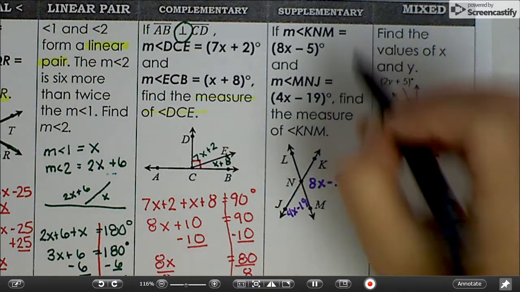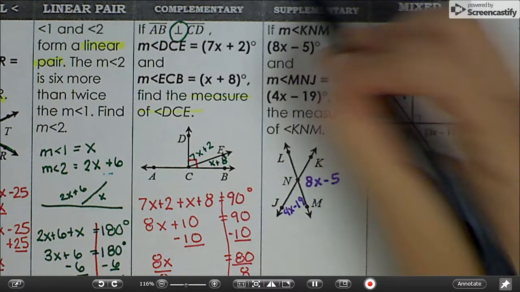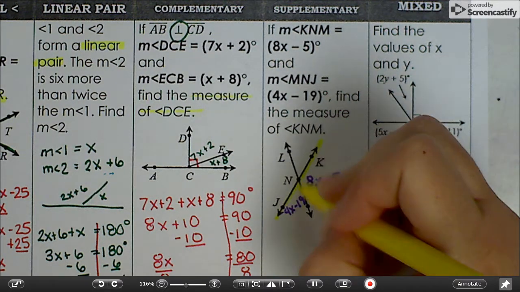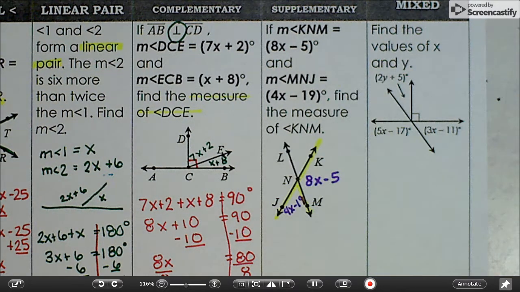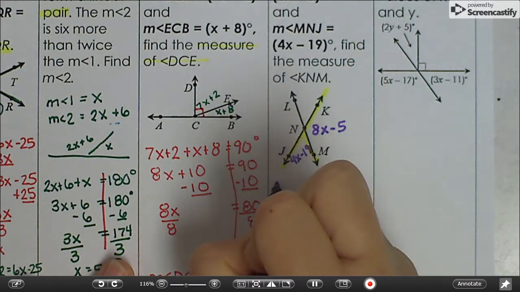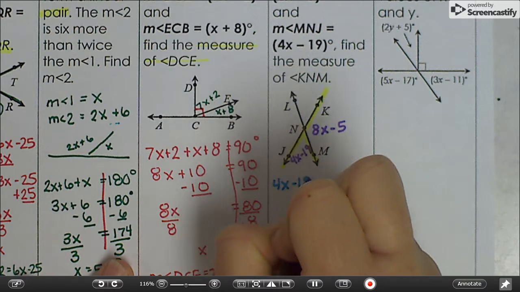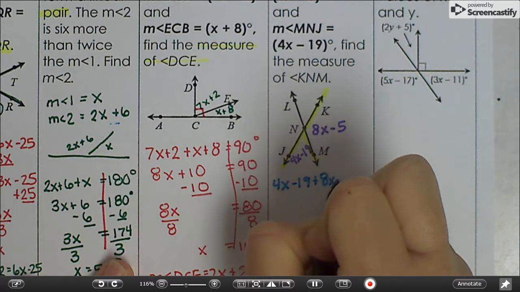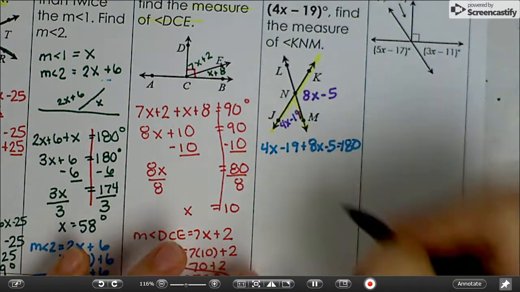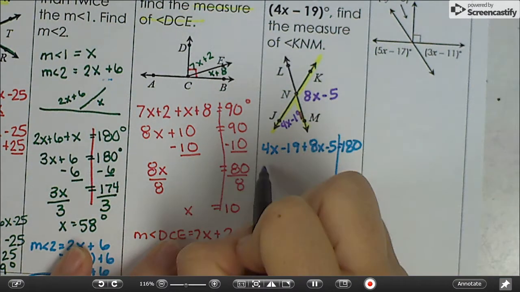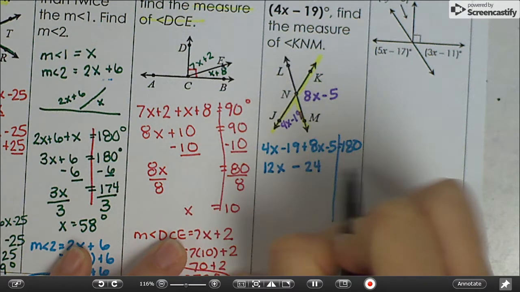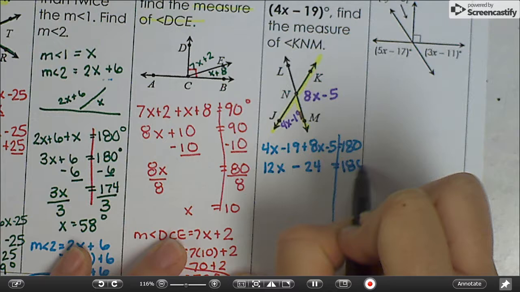And this is in the supplementary or 180 degree category. And that's because these form a linear pair, and linear pairs are supplementary. Supplementary means they add up to 180. So we would write 4x minus 19 plus 8x minus 5 equals 180 degrees. We need to combine like terms, so it would be 12x minus 24 equals 180.